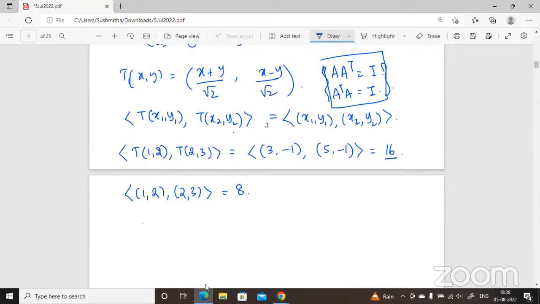In this case, we will have divided by 2, so this will be 8. Just because these two are equal, you cannot tell that this is an orthogonal transformation, because only for this set of vectors it is satisfied. You need to check for all vectors. So if you want to show that it is an orthogonal transformation, you have to take general x1, y1, x2, y2. If you want to show it is not, then one set of vectors is enough.